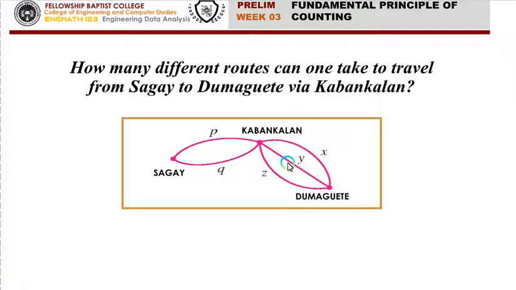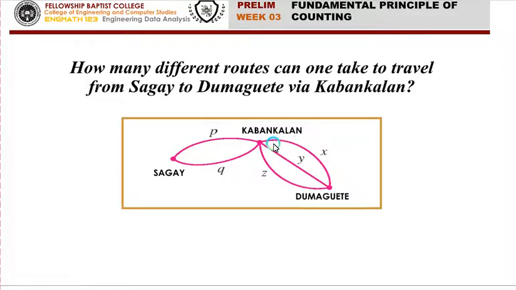At the first stage, we consider the first stage from Sagay to Cabancalan, wherein we have two choices here, and we have another stage for each of these possible choices.